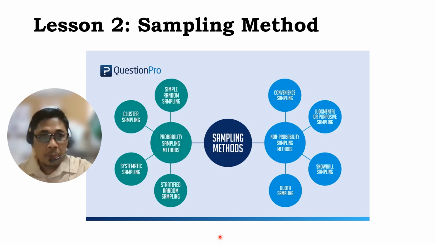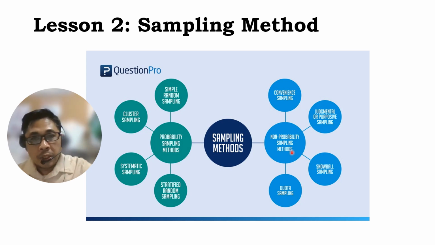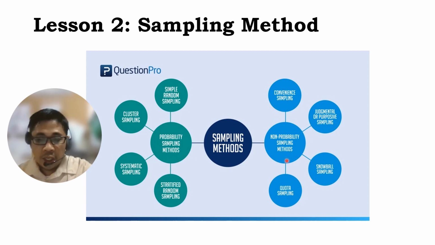So the probability sampling involves random selection, allowing you to make statistical inferences about the whole group. So you will be using a formula on the identification of your sample. While the non-probability sampling methods involve a non-random selection based on convenience or other criteria, allowing you to easily collect initial data.